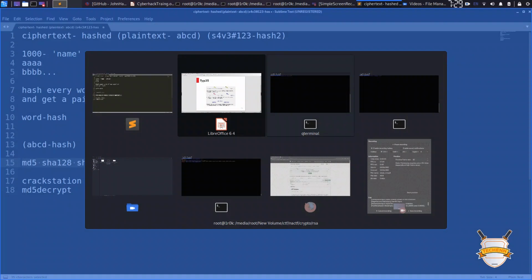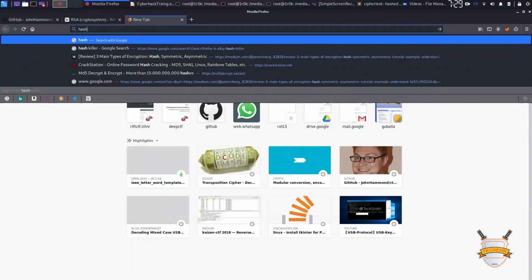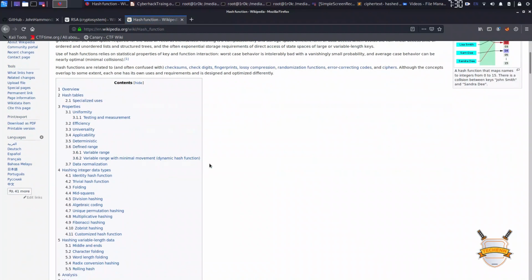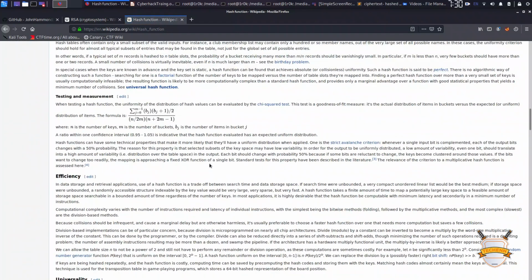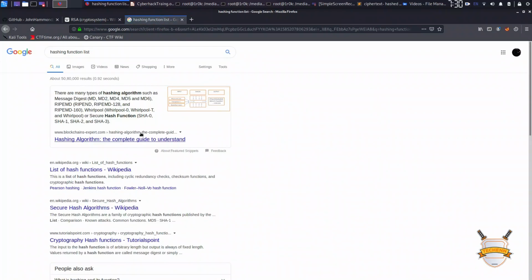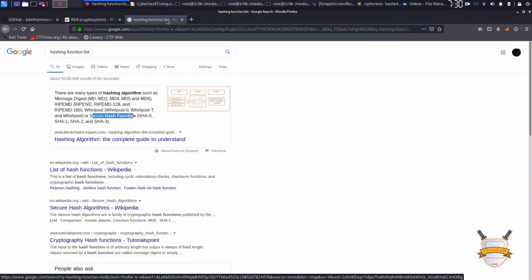Let's see if we get the list. See, there are many types of hashing algorithms such as MD, MD2, MD4, MD5, MD6, and the secure hashing functions SHA-0, SHA-1, and so on.